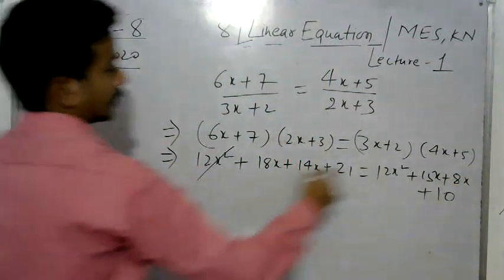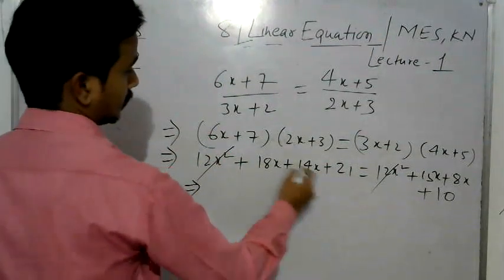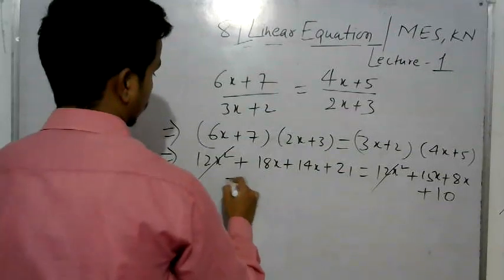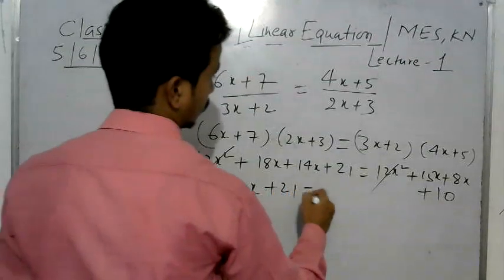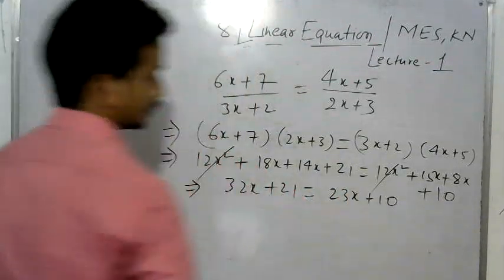So the 12x squared cancels out. What do you get? 18x plus 14x is 32x, plus 21 equals 23x plus 10.